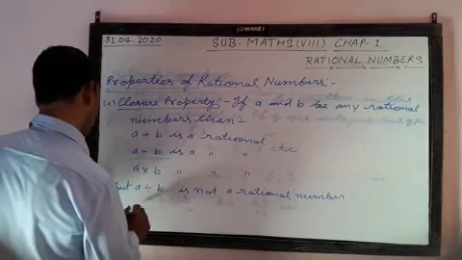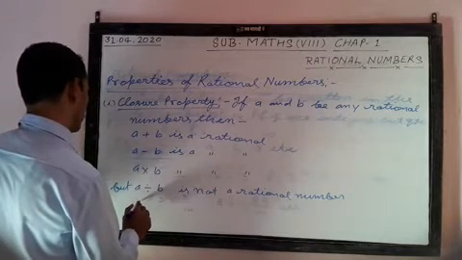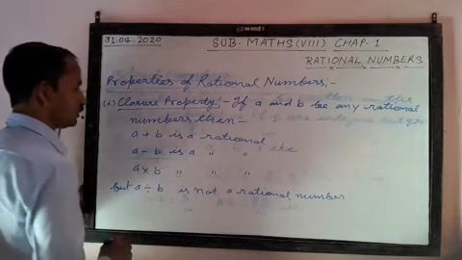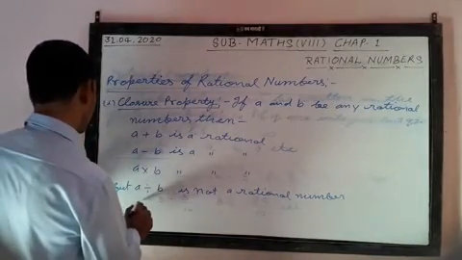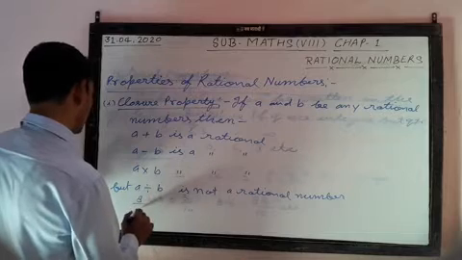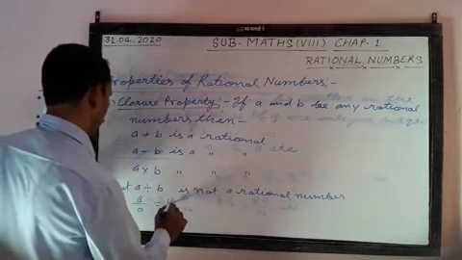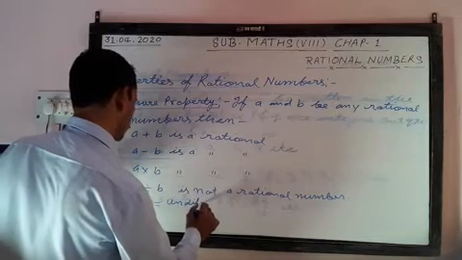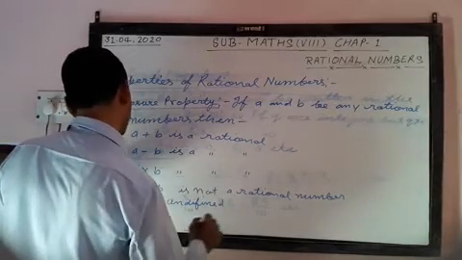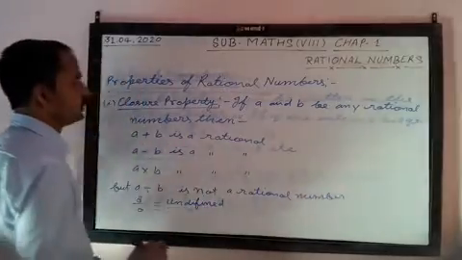Because division of a number by 0 is not defined, such as 8 upon 0 is undefined, so it is not a rational number.